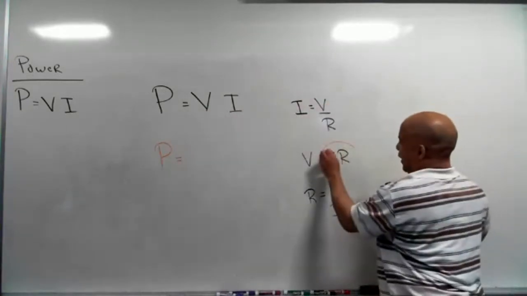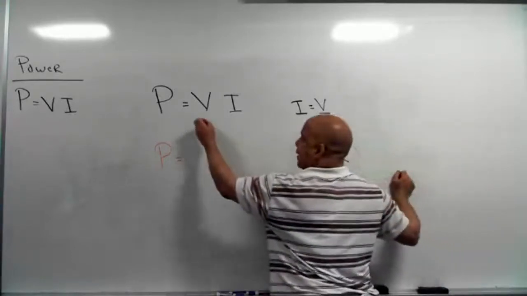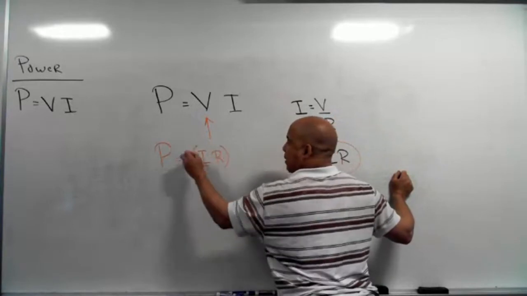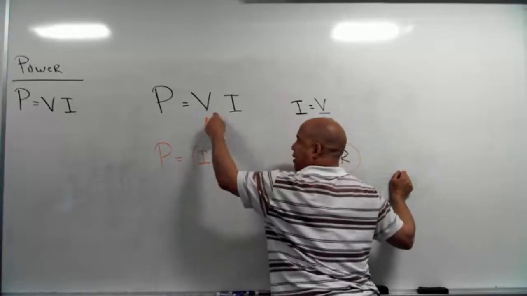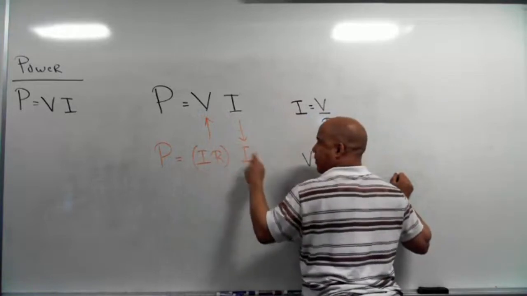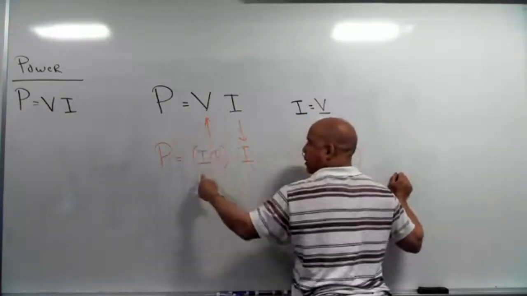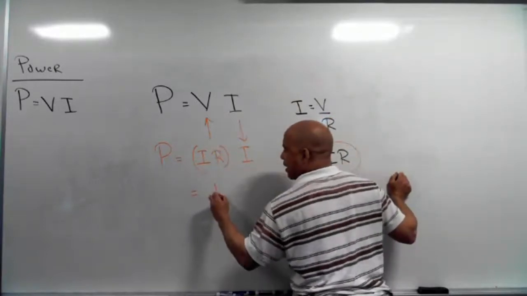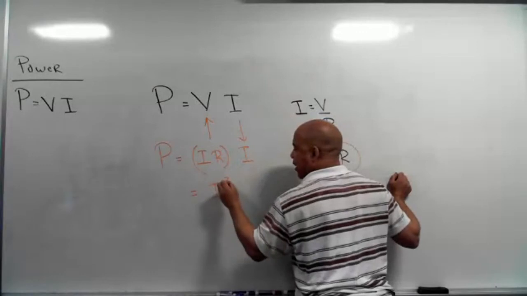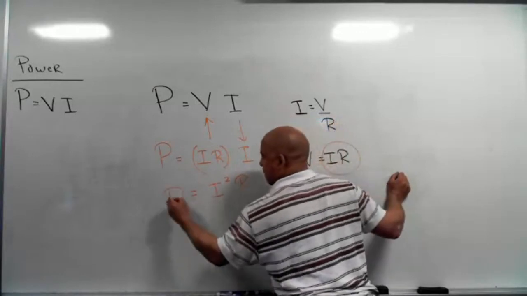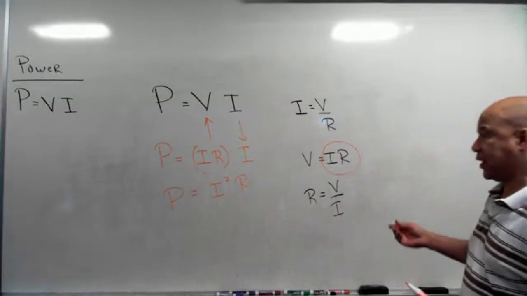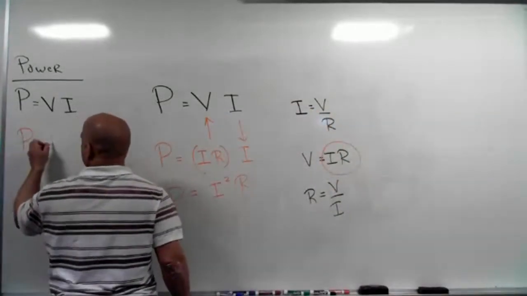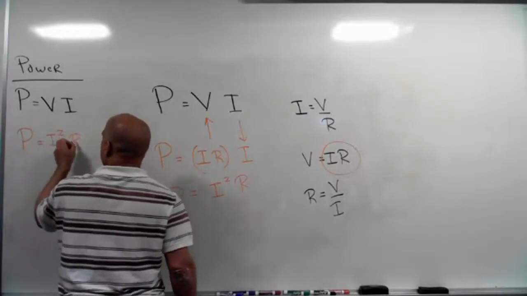I see that V is equal to I times R. So since I know V is equal to I times R, I'm going to substitute I times R for V and bring down that I. So I got P equals I times R times I. So P equals I times I, which is I squared, times R, and that's another way to write Watt's law: P equals I squared times R.